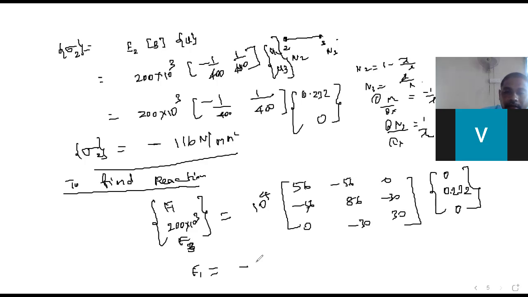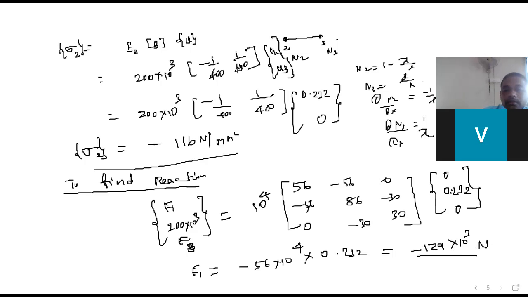F1 is equal to what? Minus 56 into 10 power 4 into 0.232. So ultimately we'll be having the F1 value as minus 129 into 10 power 3 Newton.